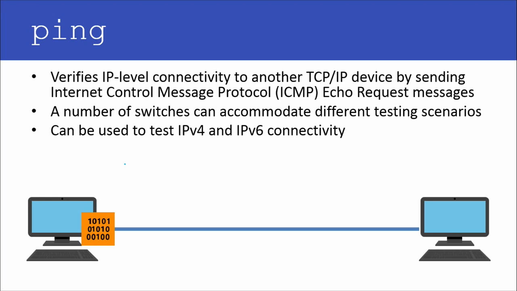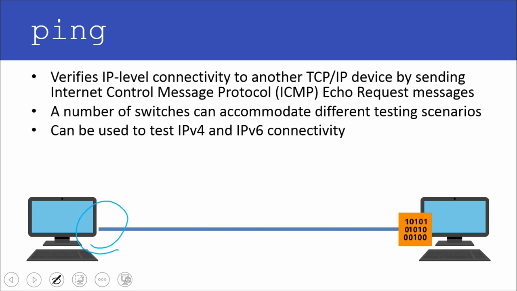So pretend that this little message right there, that little bit of data, is an ICMP echo request. What's going to happen is that the other computer is going to send it back, and you're going to see that that connectivity exists between those two devices. Okay.